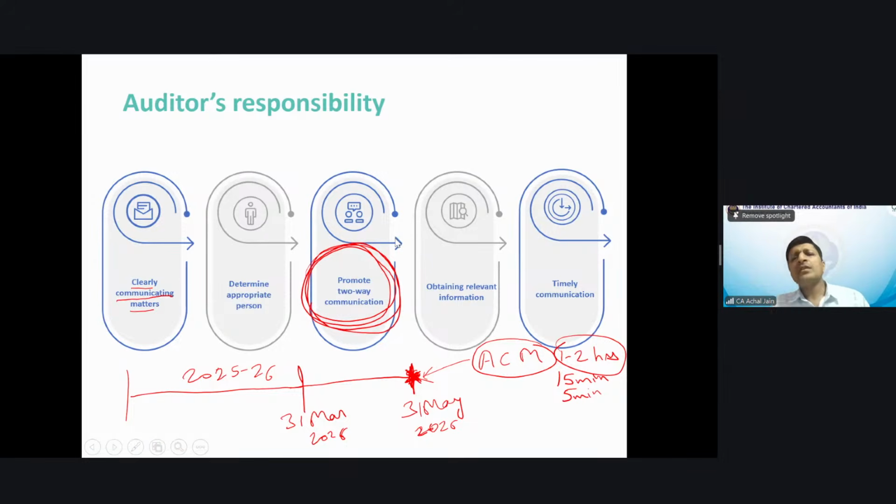Now that is where the question arises. That for audit of the financial statements, which is a complicated exercise, which is a time-consuming exercise, wherein the auditor would have done a risk assessment.